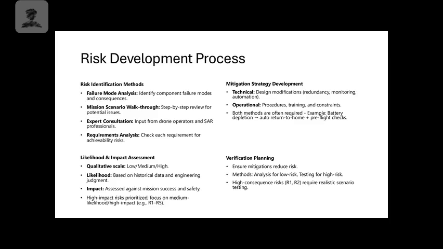And then we made sure every important risk had a verification plan. Some can be handled with analysis and simulation, but the high consequence ones have to be exercised in realistic tests. So this process keeps risk management connected to the rest of our system engineering work instead of being a one-time checklist.